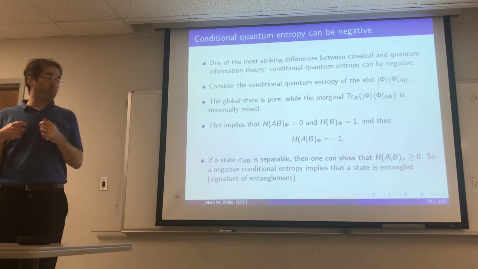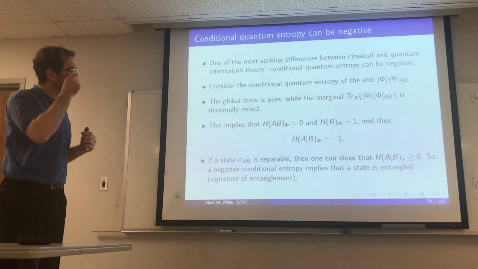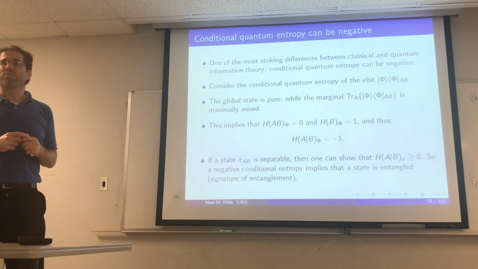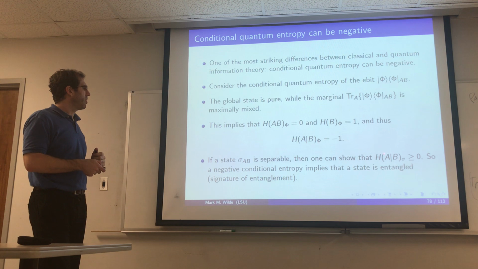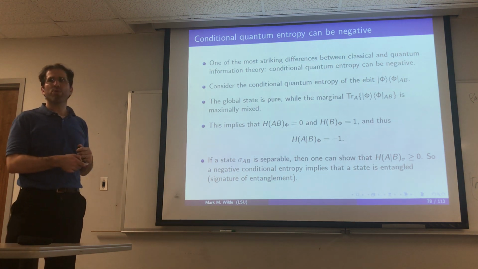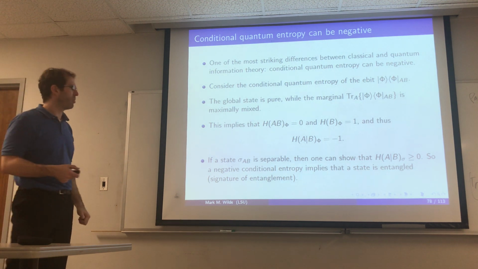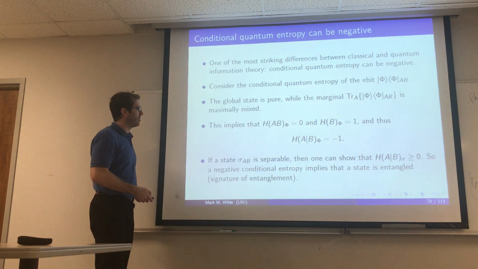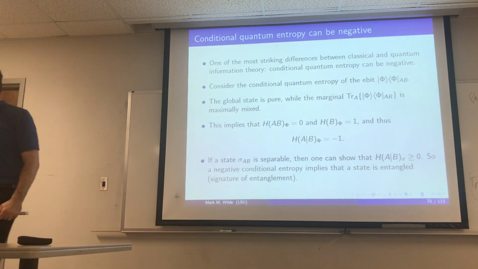So suppose you plug a bipartite density operator into the conditional entropy formula, and you get a negative number, right? What is the contrapositive of the statement? If the conditional entropy is negative, then the state is not separable, by definition entangled, right? Any state that's not separable is entangled. So the negative conditional entropy implies the state's entangled, and the negative conditional entropy is thus a signature of an entangled state.